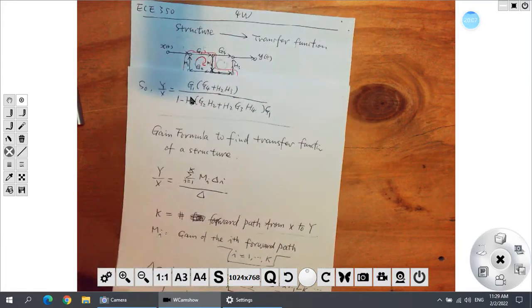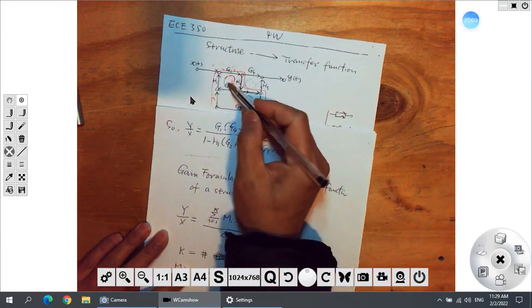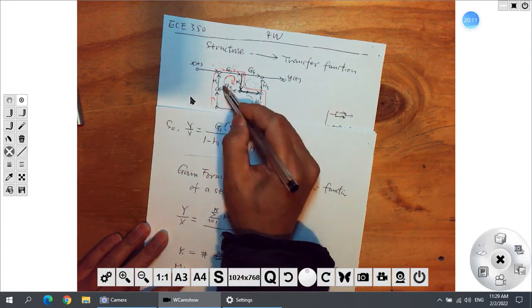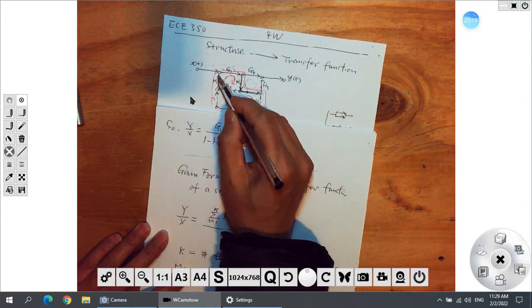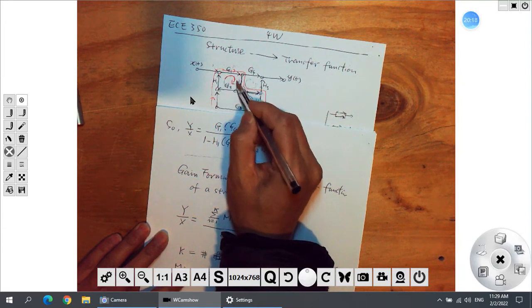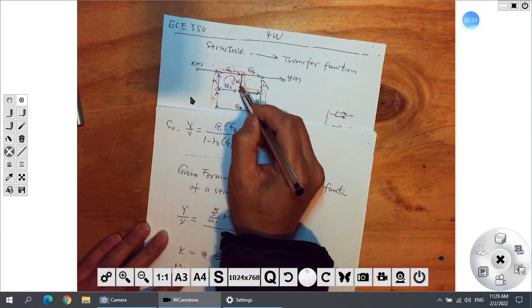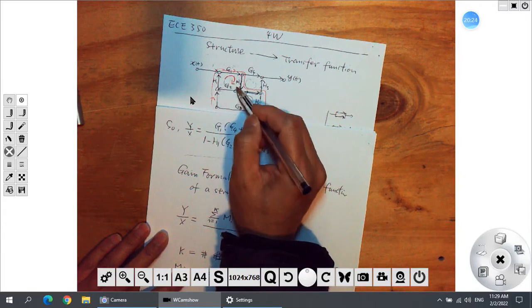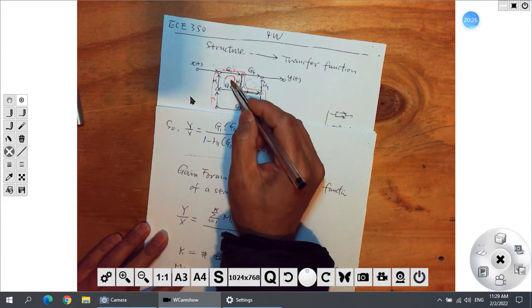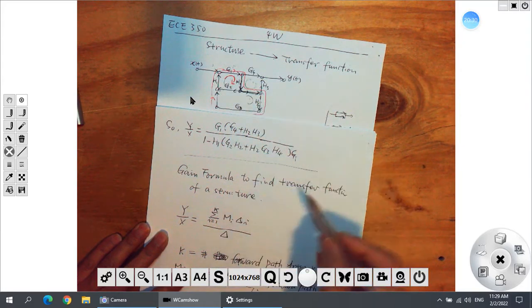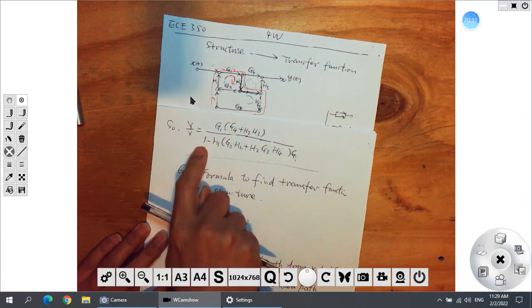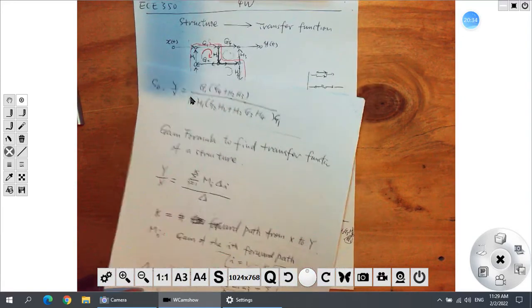Okay, then you look at this graph. You see these two loops? We have two loops here in this graph, but they share this part, right? H1, G1, H2. Both loops contain H1, G1, H2. So these two loops share some part. Then we cannot use the multiplication of these two. Okay, so no more, right? In the denominator, we have no more terms.